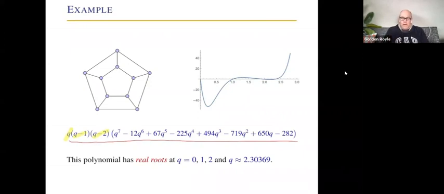And then in general, the other term is just going to be some unpleasant looking polynomial. Again, the only general thing we can say about it is that it's going to have alternating coefficients.